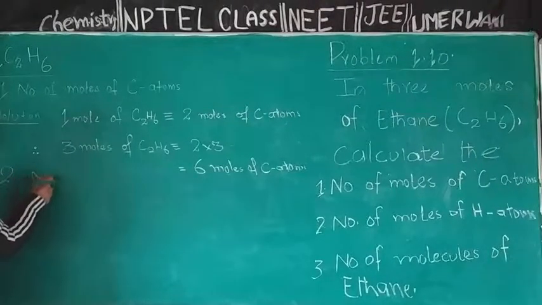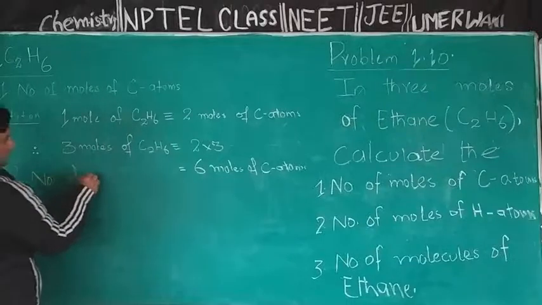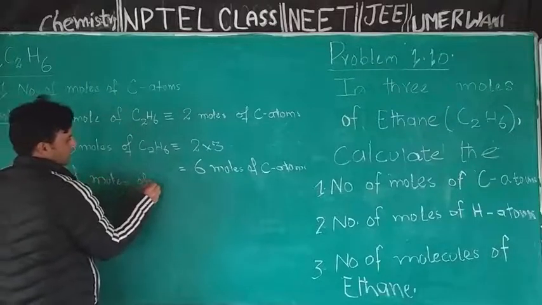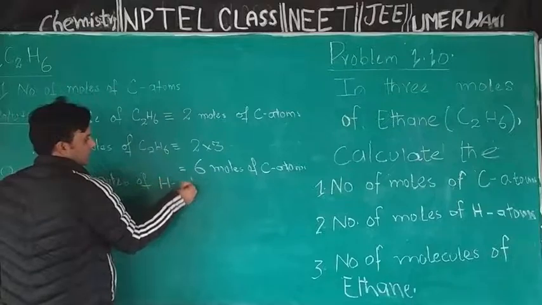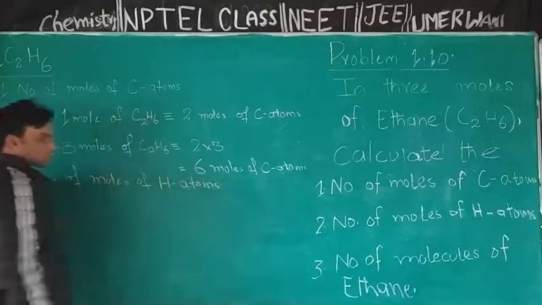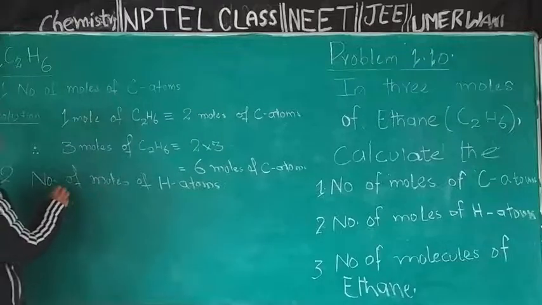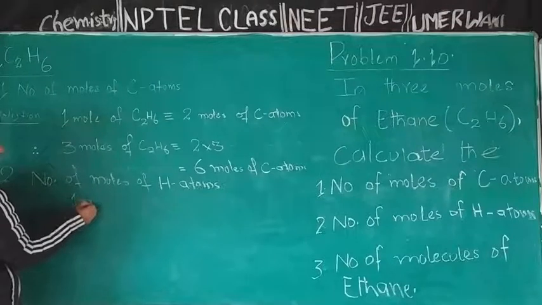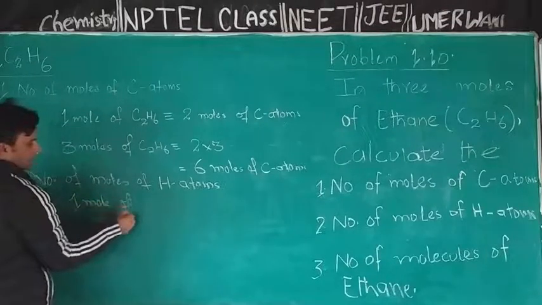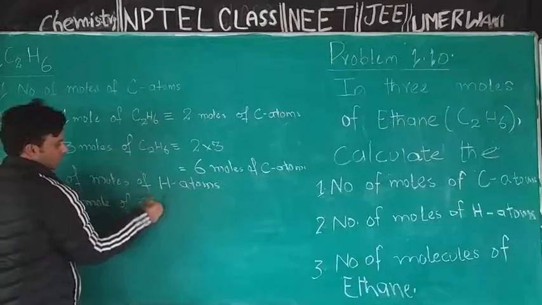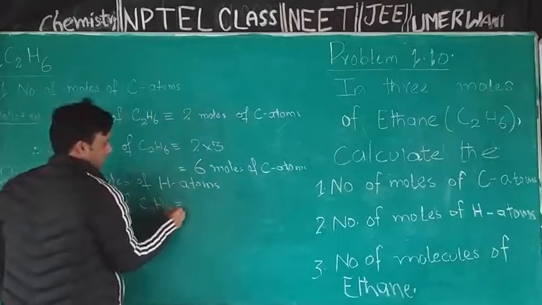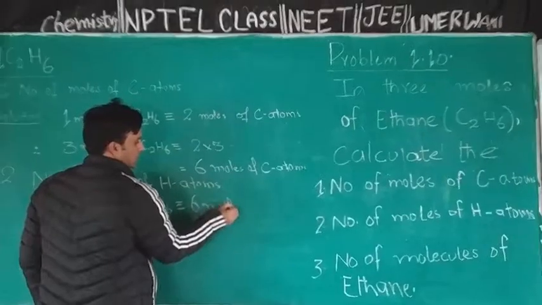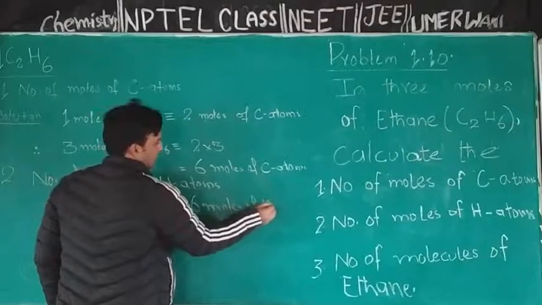Second, now I have to answer this, number of moles of hydrogen atoms. Same quantitative or definite information I will use, that 1 mole of ethane contains 6 moles of hydrogen atoms.